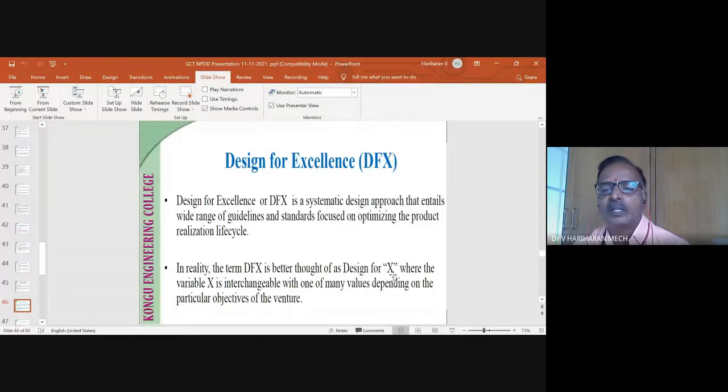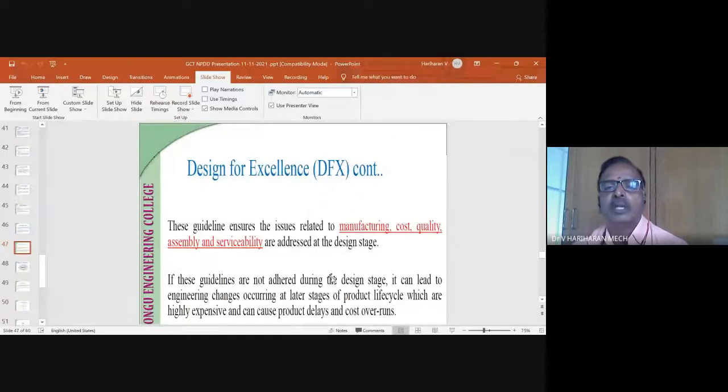Here, in design for X, the variable X is interchangeable with one of many values depending on the particular objective of the venture. Here I will show you one diagram. You see that the guidelines ensure that issues related to manufacturing, cost, quality, assembly, and serviceability are addressed at the design stage. These are mostly addressed at the design stage itself.